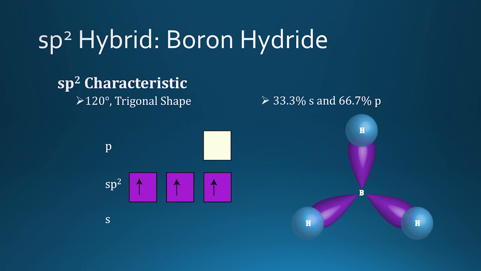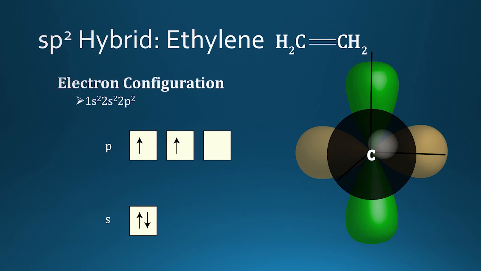Since the hybrid orbital got one orbital from s and two from p, it would have 33% s character and 66.7% p character. This hybrid orbital would have a bond angle close to 120 degrees. How about ethylene? It is also an sp2 hybrid, but it has an electron configuration of 1s2, 2s2, 2p2 in the beginning.